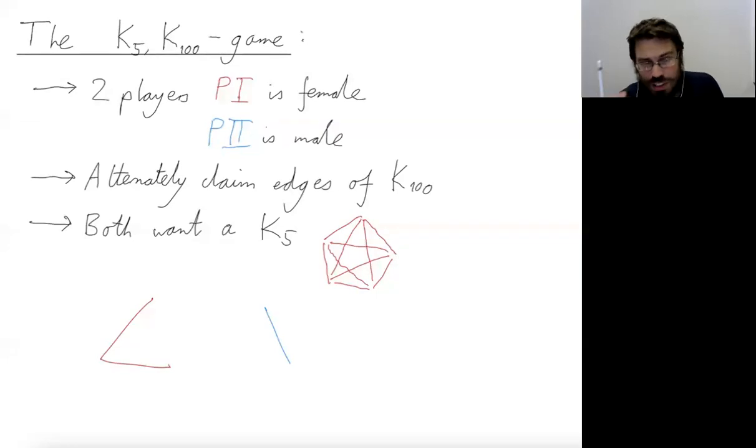What they want to do is to make a complete subgraph on 5 vertices in their own color, and the first player who manages to do that is the winner.